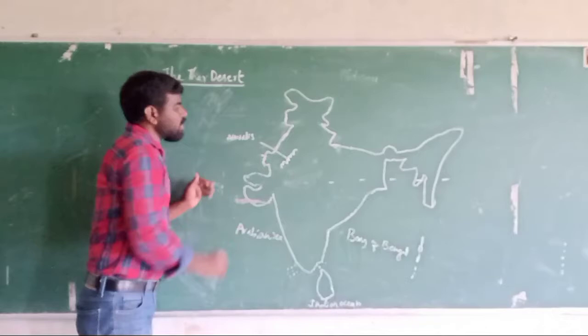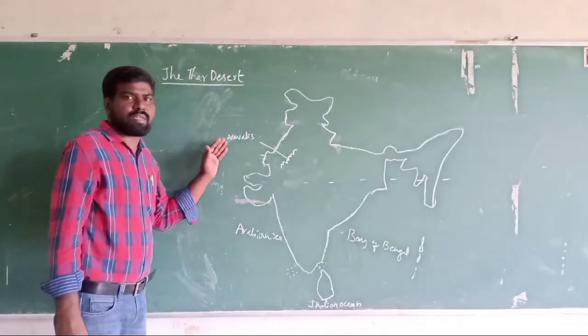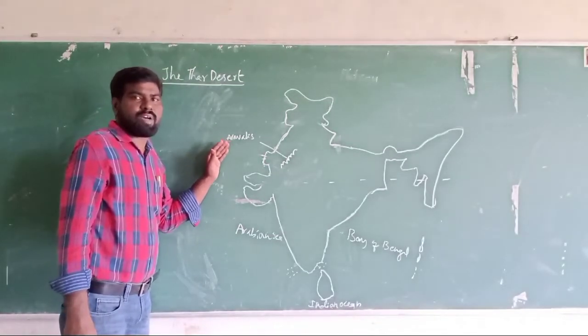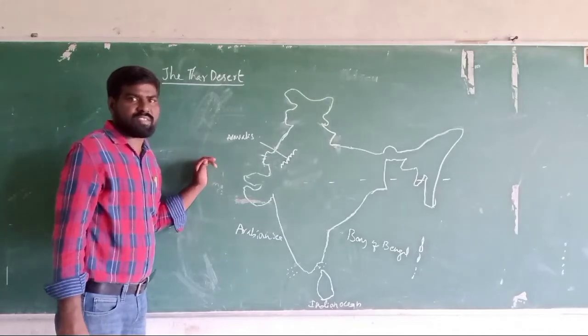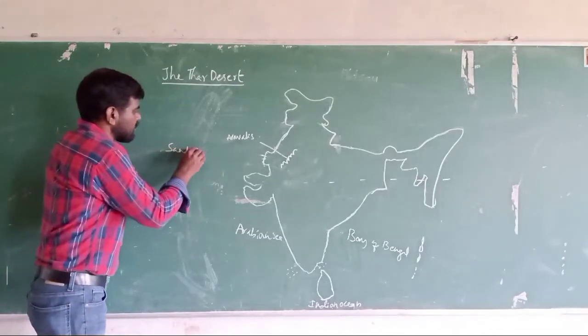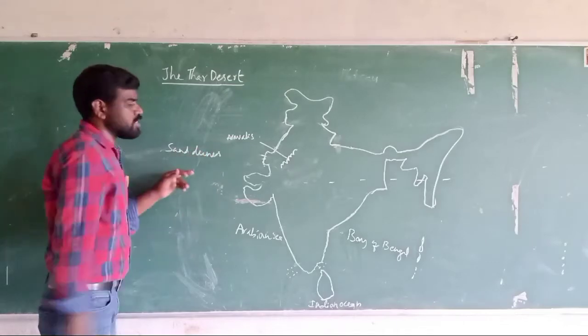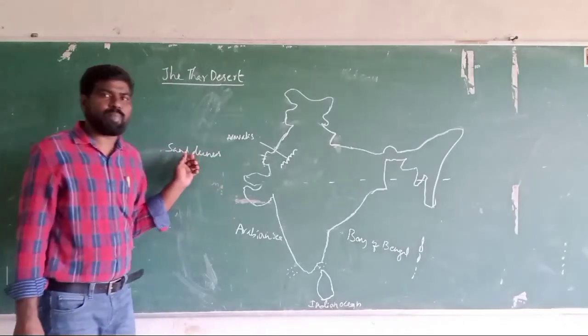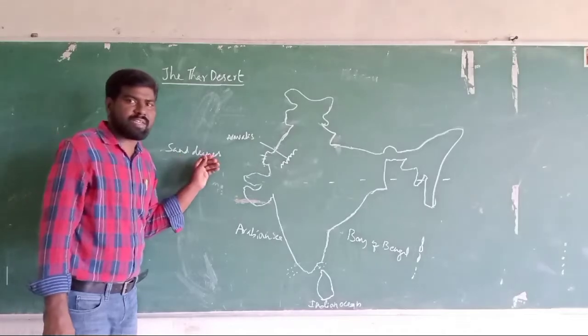The landscape of this desert consists of an undulating surface with low and high sand dunes separated by sandy plains and barren hills.